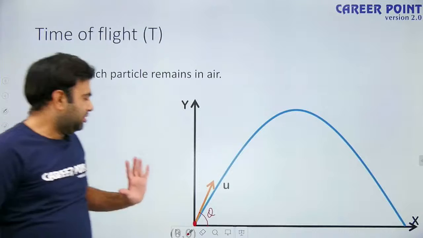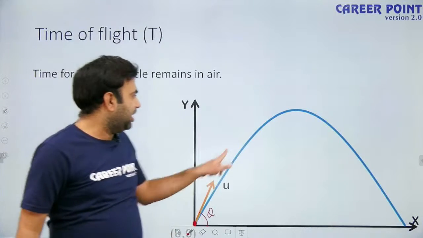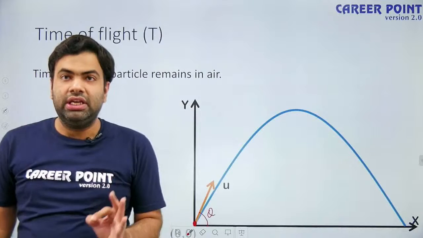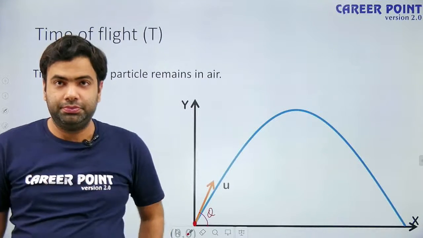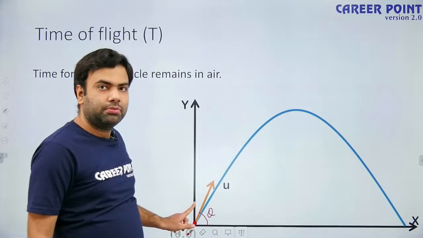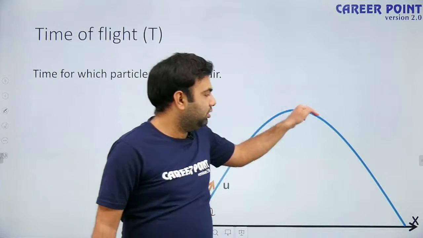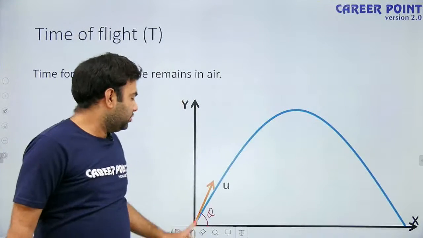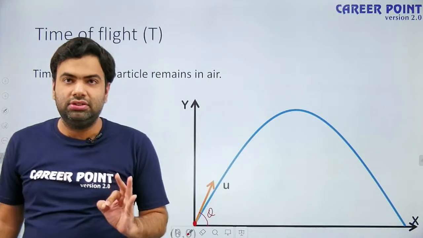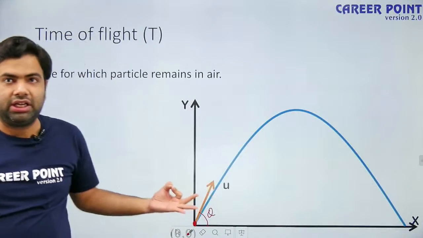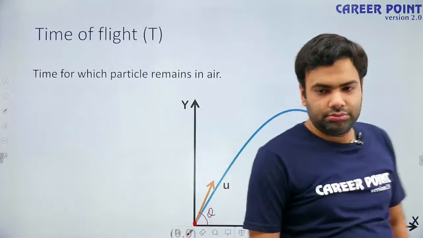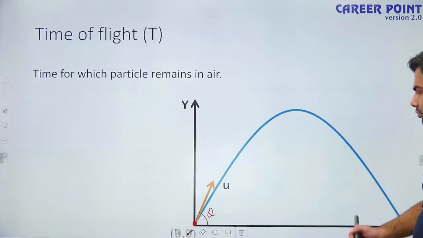Now tell me, when the particle completes its journey, in which direction is its displacement 0? Think, the particle is starting from here, it goes up then comes down.